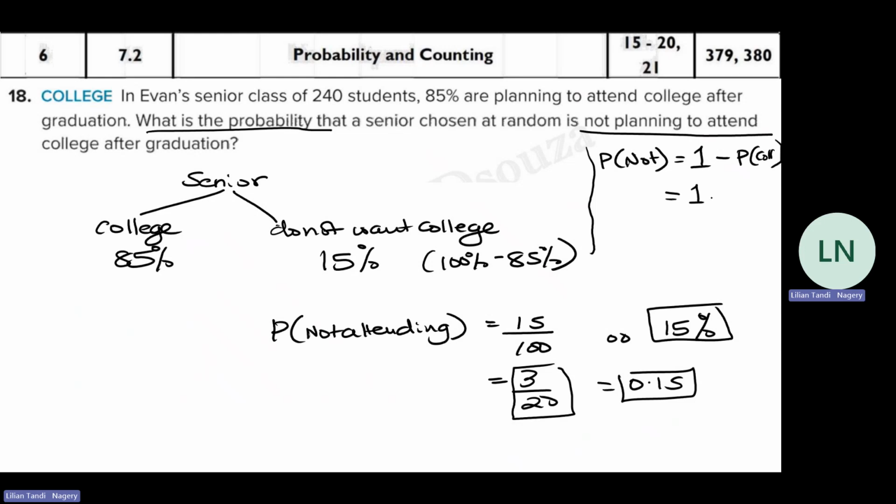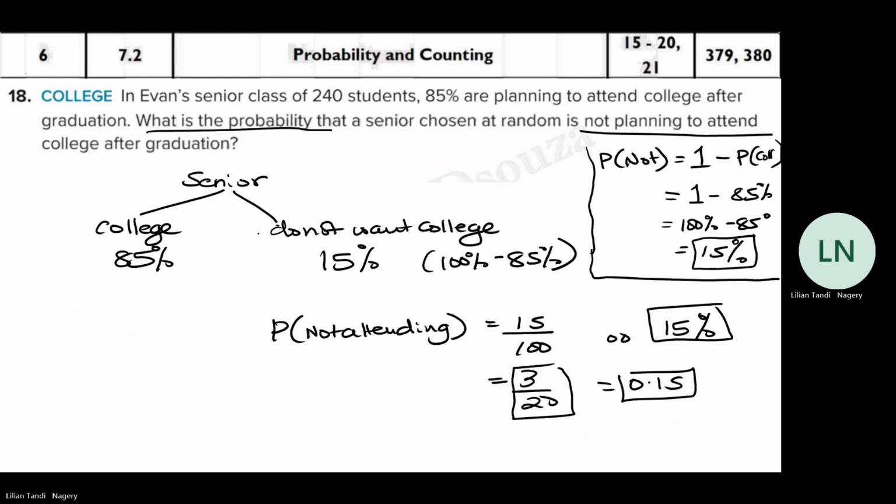Which is 1 minus 85%, which is 100% minus 85%, which is 15%. Okay? So there is your answer. 2 different ways. You do the tree diagram or you do that. It's up to you.